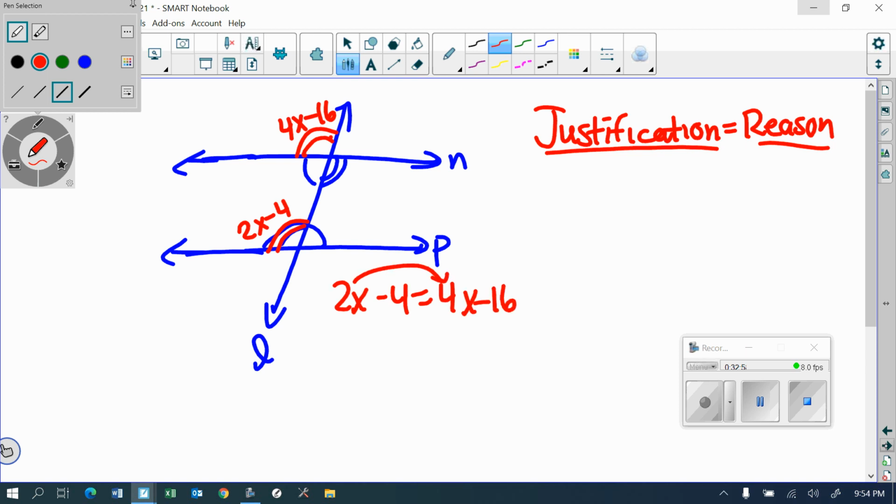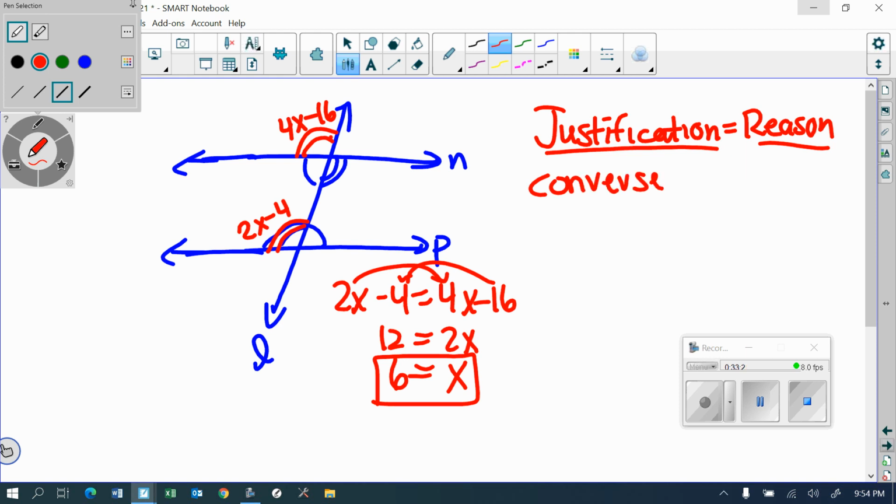So I'm going to subtract that across, add that across, and I get 2x equals 12. And I get x equals 6. So if x equals 6, then those two lines N and P are parallel, because then those two angles are congruent. Now, what's my justification of showing that? It would be converse of, and in this case, corresponding angles postulate.